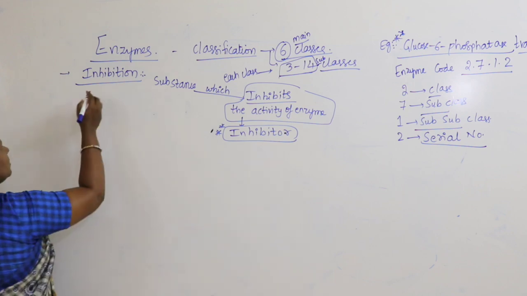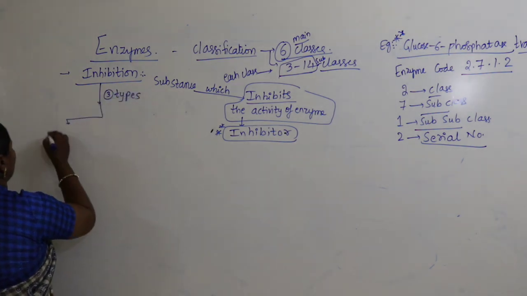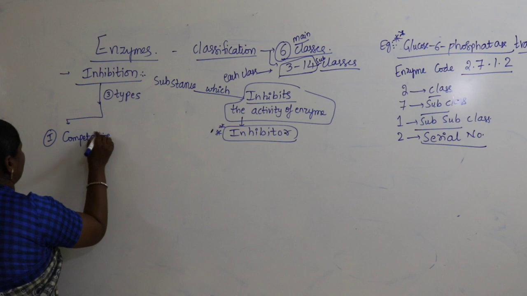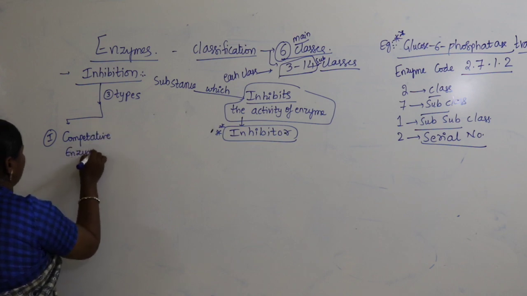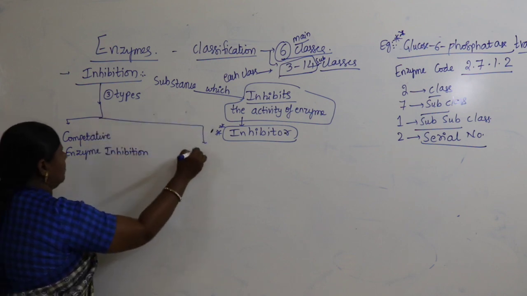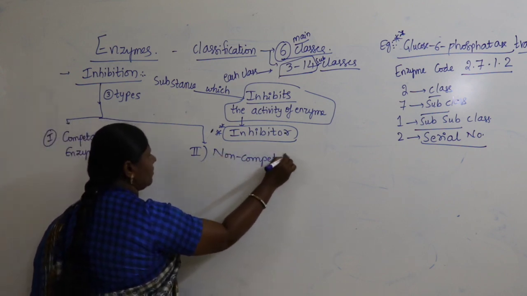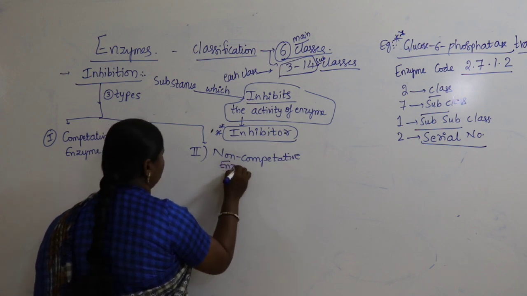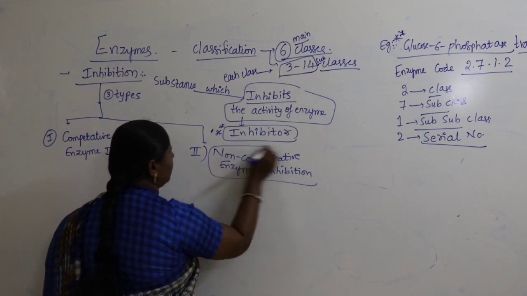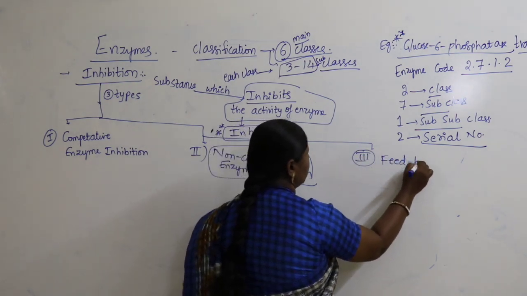Generally, enzyme inhibition is of 3 types. We take competitive enzyme inhibition, non-competitive enzyme inhibition, and feedback enzyme inhibition.